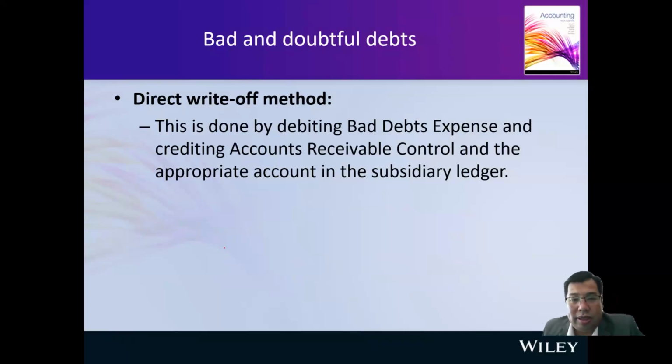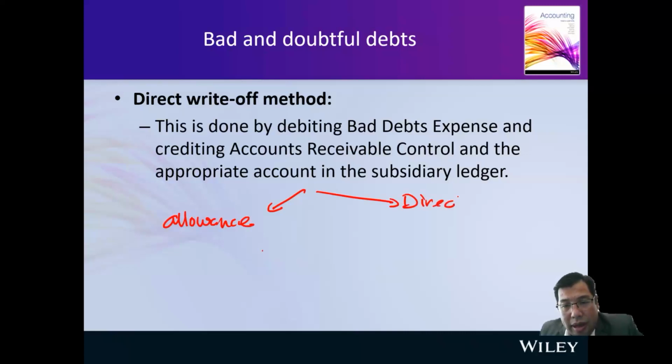So we have two methods. Number one is the allowance method. The second one is the direct method. Under the direct method, this is your AR account. You're going to credit your AR account and record your bad debts. This happens only when you confirm that the customer will not pay you. So this falls under expense.